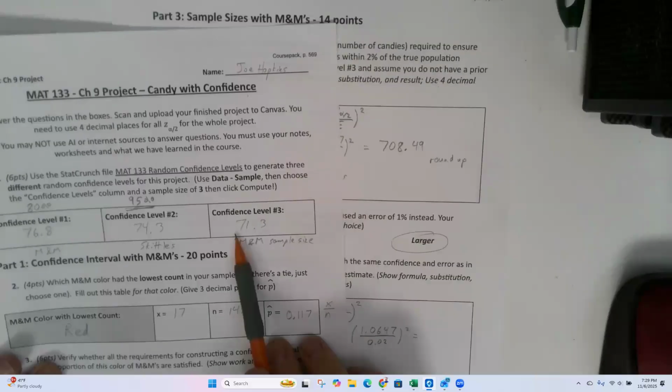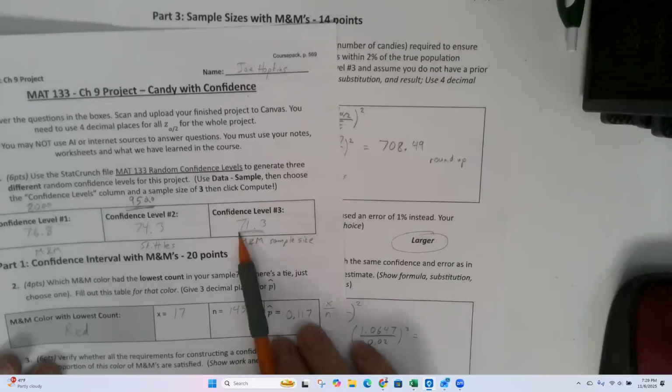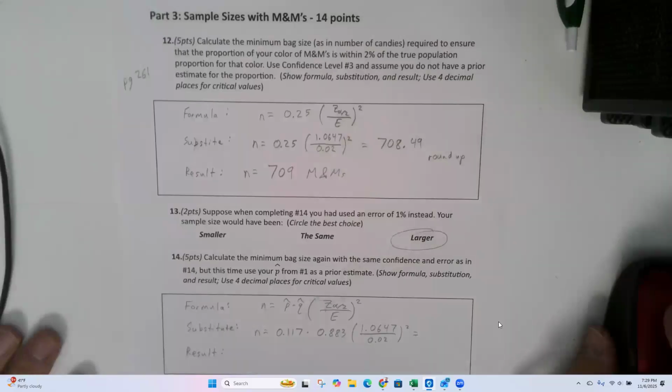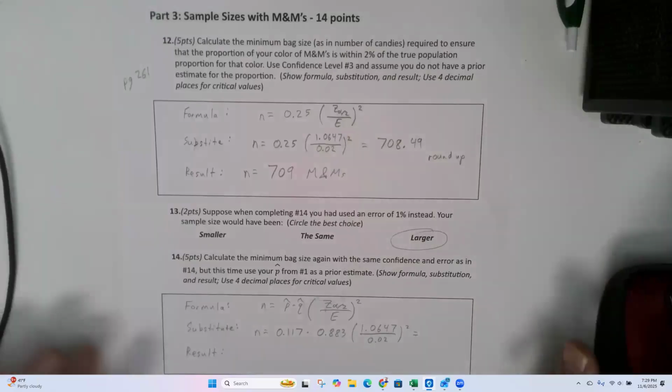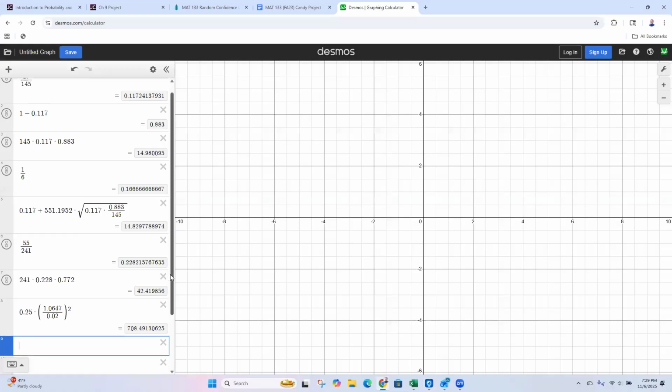Or in this case, 71 is my confidence level, so my alpha is just the opposite of that, which is 29%. Okay. So I know it's hard to keep track of all of the different proportions and stuff. So practice is the way to go. We'll get a chance to do more of this practice on Tuesday when we look at the Chapter 9 review.